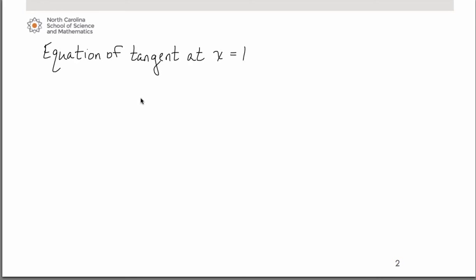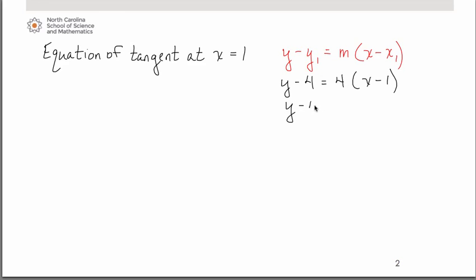So in order to do that, we're going to make use of point-slope form of a line. Recall that point-slope form of a line is y minus y1 equals m times the quantity x minus x1. And all we need to do is substitute in. We have y minus 4 equals 4, which is the slope, times x minus 1.